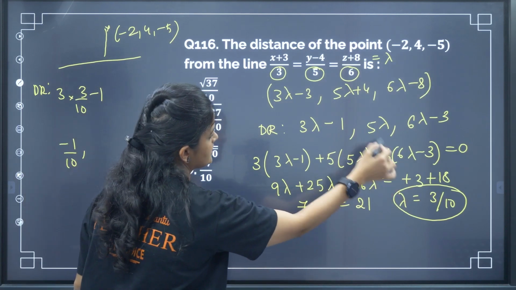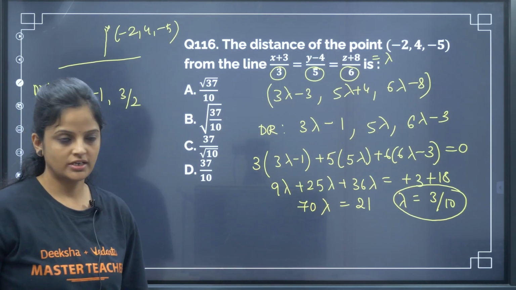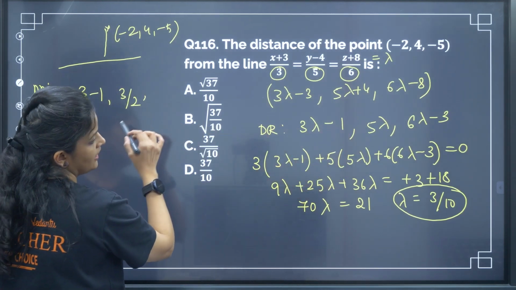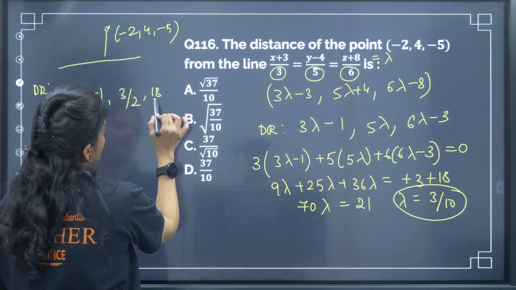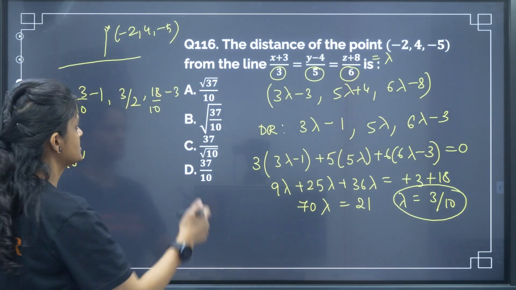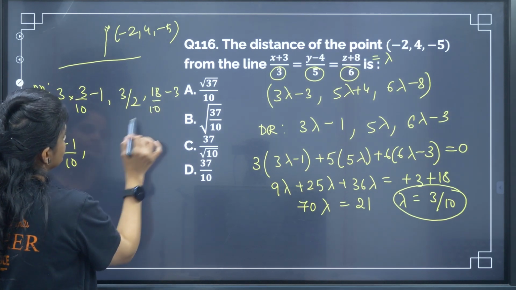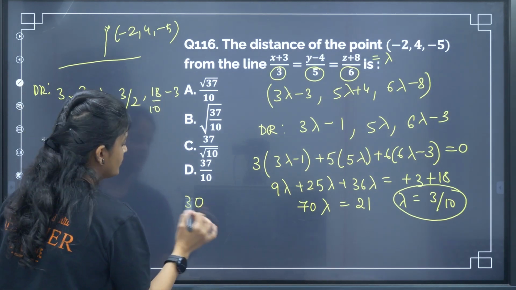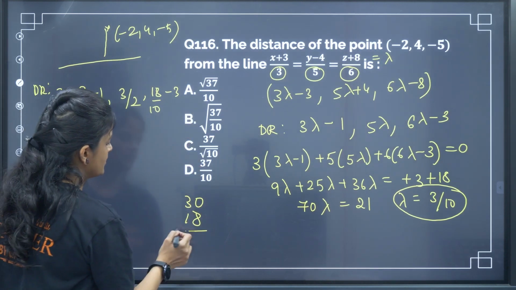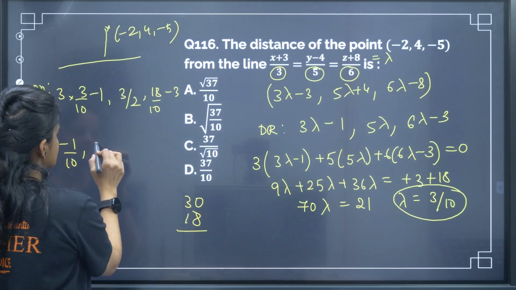So here if I substitute, 3 by 2 is what I have. So 5 ones are 5, 2s are getting cancelled, 3 by 2 we have. And here I have 18, 18 by 10 minus 3, we have 9 by 5. Anyway you do, you cancel and take the LCM, we have 12, so 12 means 6 by 5.